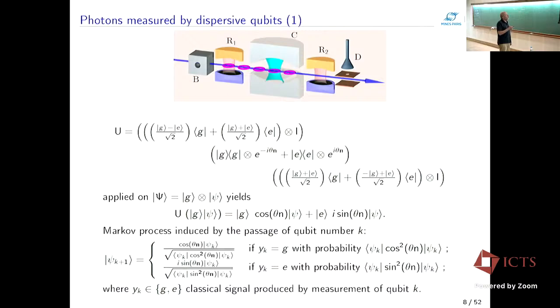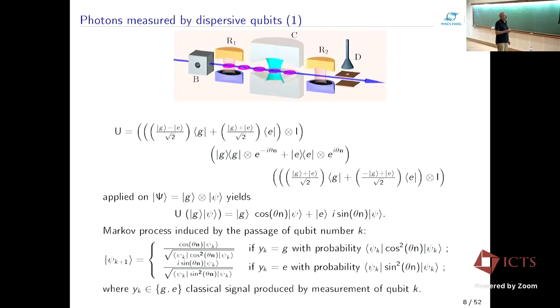This propagator is a composition of three propagators. Here you have the manipulation of the atoms before entering the cavity. So you see, it's just a rotation of pi/4 in different directions here.